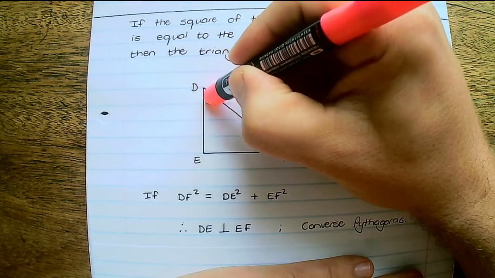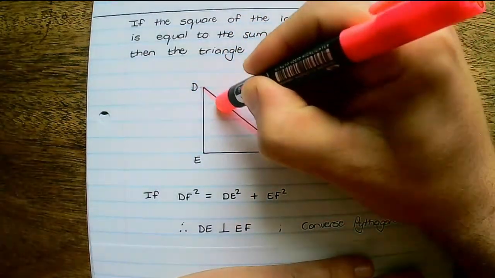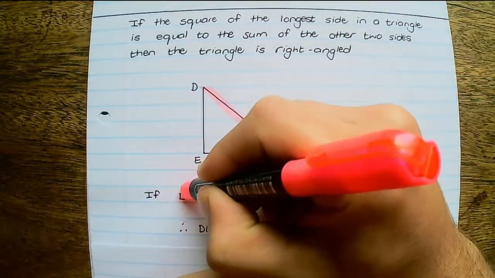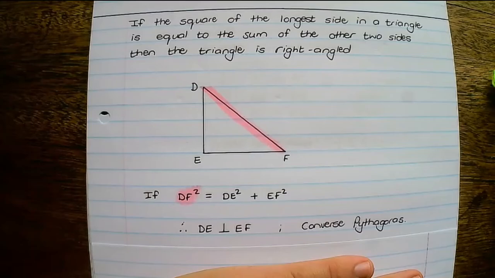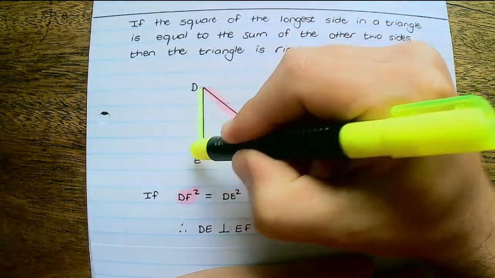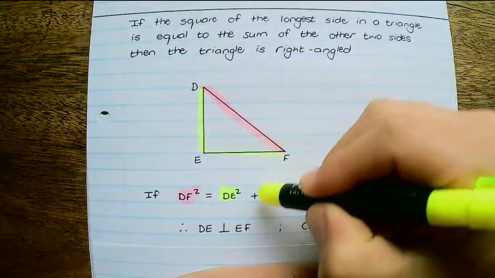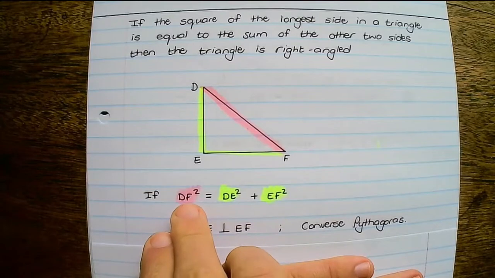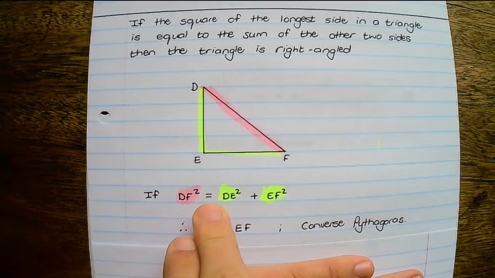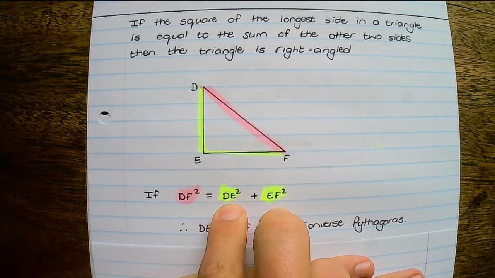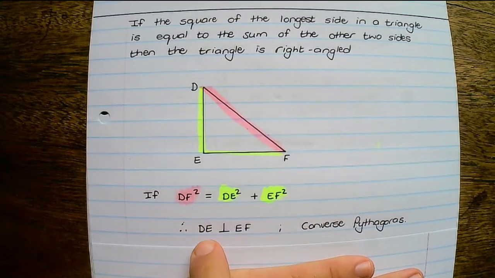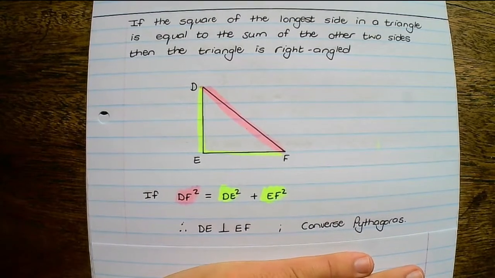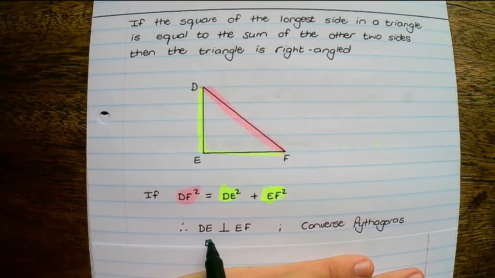So if I have DF, which is the longest side of the triangle, and I square it, and I add DE squared and EF squared, if these are equal, so the hypotenuse squared is equal to the two shorter sides squared, then DE is perpendicular to EF, or I can say that angle E is equal to 90 degrees.